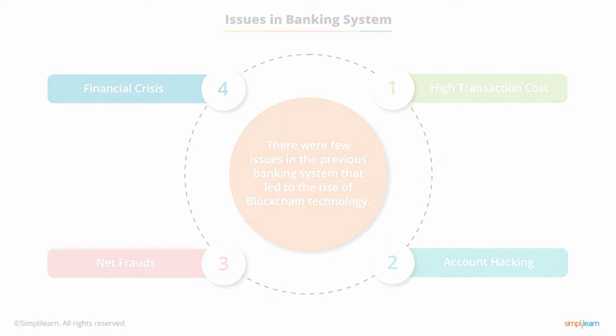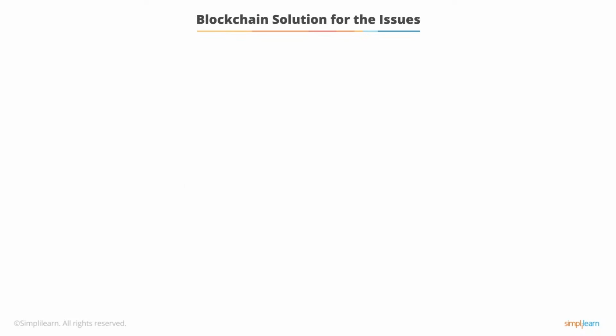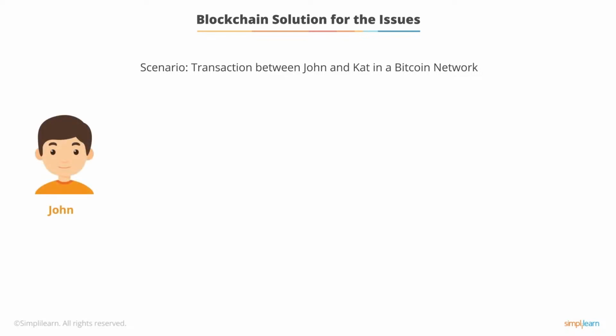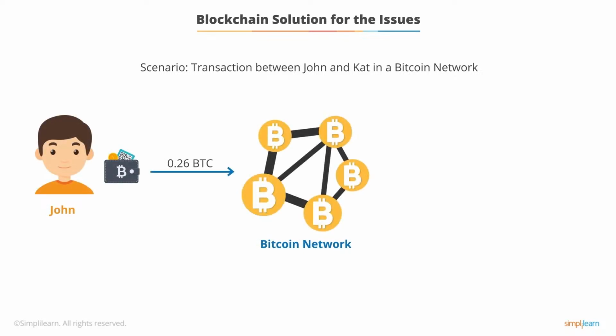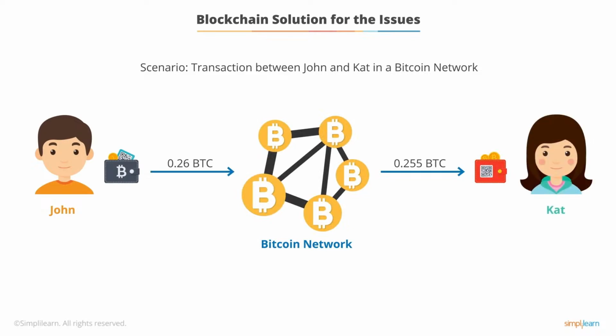Blockchain solution to the issues. Blockchain can overcome a number of these issues. Let's see how. We already saw how the transaction between John and Kat gets executed through traditional banking channels. Now, let's understand how the same transaction would take place if John and Kat were using Bitcoin, a cryptocurrency powered by blockchain.